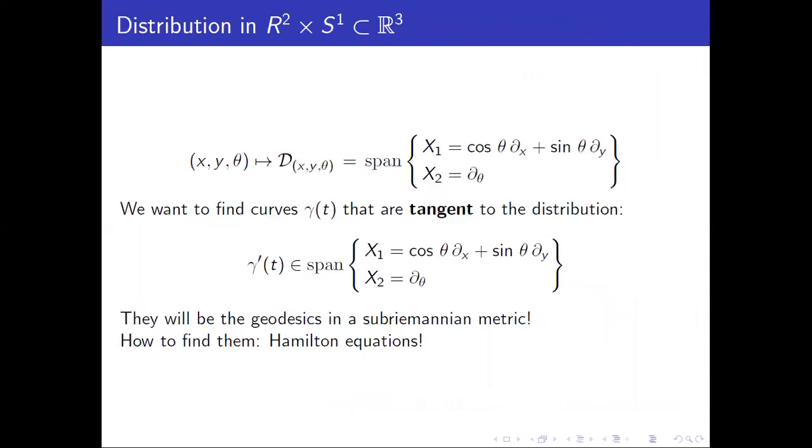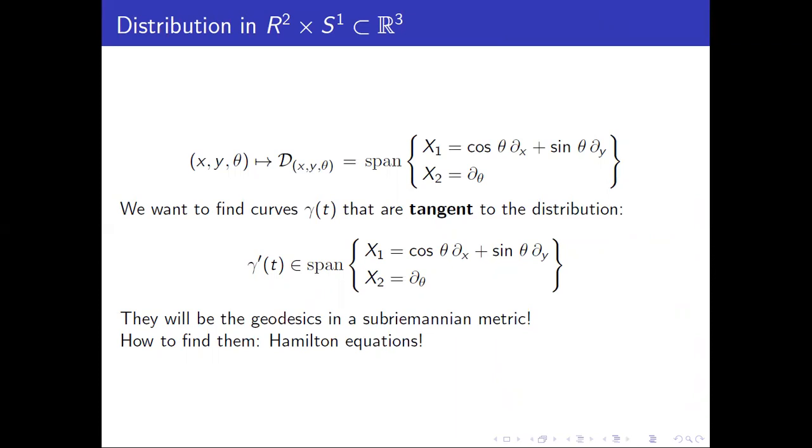Okay, I don't want to speak about the lifts. Now, for those people that know sub-Riemannian metric, which is not you guys, but perhaps somebody, there is a mechanism to compute the geodesics, shortest paths in a sub-Riemannian metric, via the Hamilton equations.